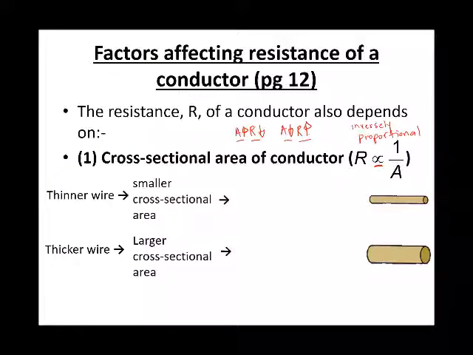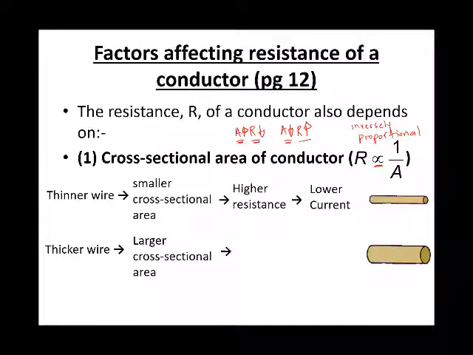Okay, so let's take a look at a thinner wire, right? A thinner wire will have a smaller cross-sectional area. Smaller cross-sectional area means the resistance will be larger. That means it will resist more of the current. It will make it more difficult for the current to flow through, right? So the current value will be lower. What about a thicker wire? If it's a thicker wire, the cross-sectional area is higher, which means that the resistance is lower, right?